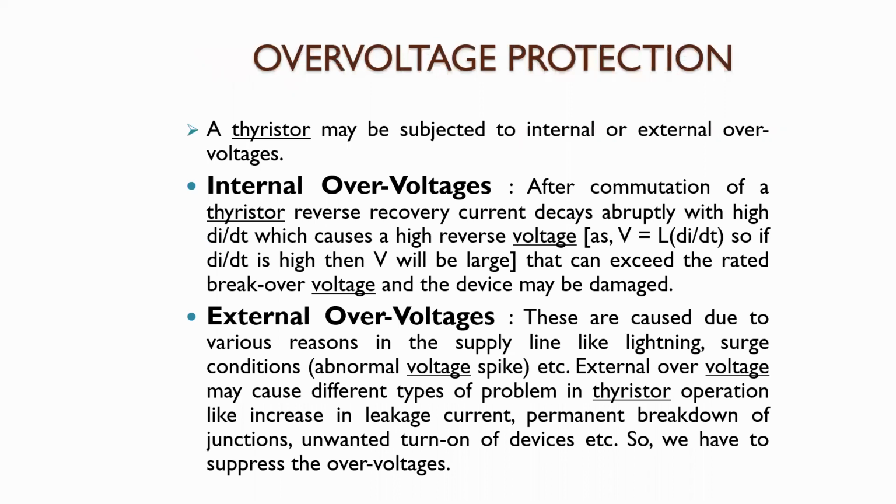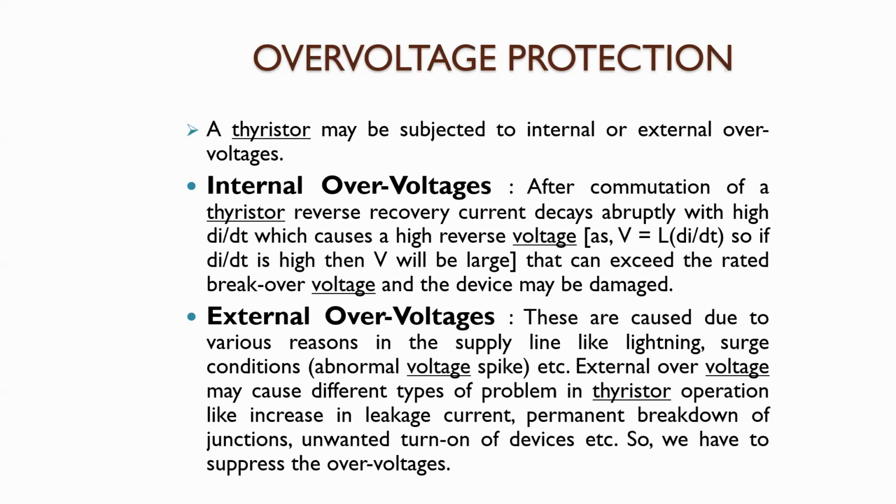Where does over voltage protection arise? A thyristor can be subjected to internal or external over voltages. Maybe a circuit is operating and some fault arises, and the voltage suddenly increases. The over voltage can come from the internal circuit, or from external sources like lightning or a line to line fault.